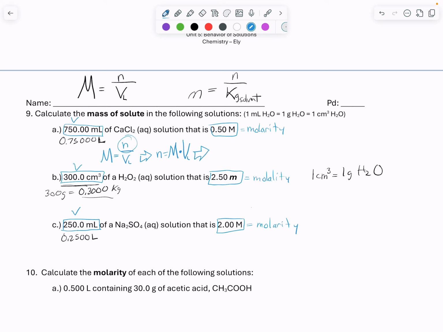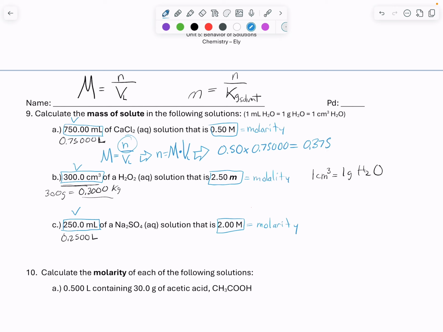To do that, we take the molarity, which is 0.5, and multiply it by the 0.75. 0.5 times 0.75 is 0.375.